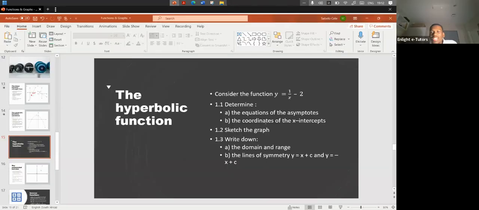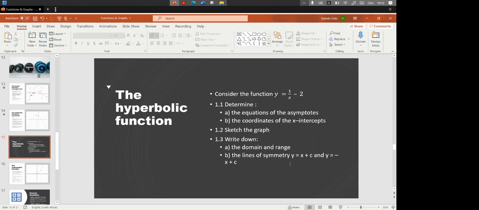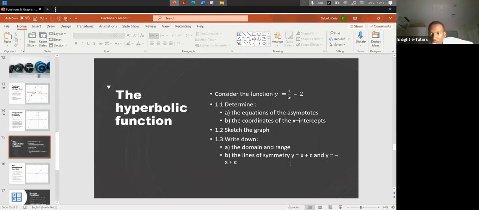And then the second one was to determine the x-intercept. What are you going to do when you determine the x-intercept? I am going to make y equal to 0. Exactly, just solve the equation and then you are good to go.